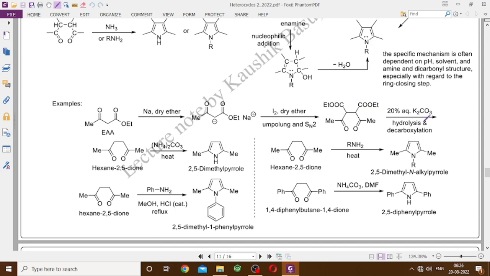Hydrolysis followed by decarboxylation will do that, and then you treat it with ammonium carbonate, which is a source of the in situ ammonia, to give 2,5-dimethyl pyrrole.